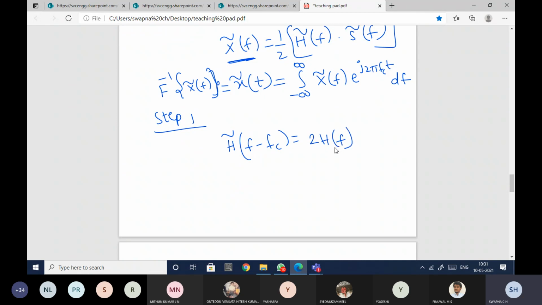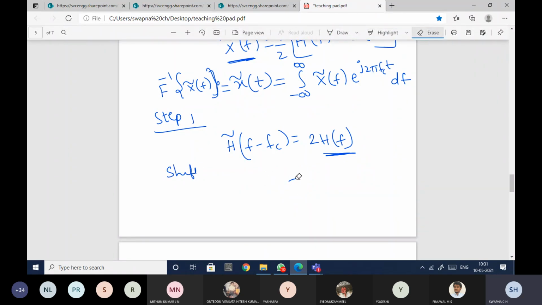In order to get h tilde of f, I need to shift h of f to the origin and scale it by 2. This is not a new equation; we have already found it in the low pass representation of bandpass system, where H indicates the system.